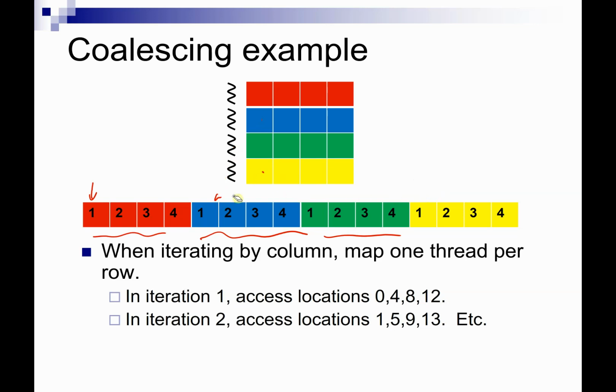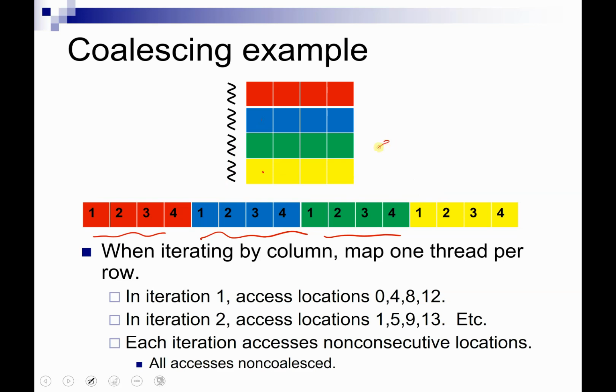Now what about the second iteration? In the second iteration, they're going to read this value, this value, this value, and that value. These values are lying at these locations, and again, these are non-coalesced. In the third iteration, we read this third column, at these locations marked by 3, and they're again non-coalesced.